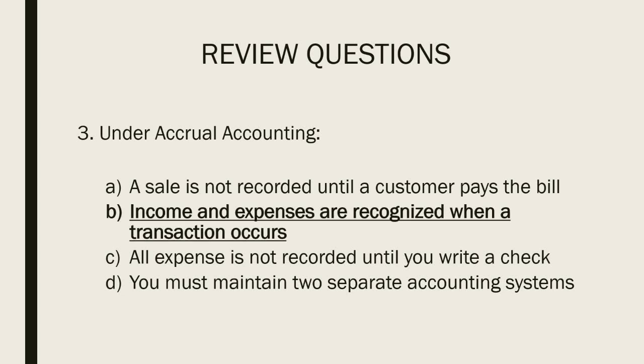Yes. In this case, if they added whether you got paid or not, that would only validate it even more. But yes, income and expenses are recognized when the transaction happens, right? Whether you received money or not, right?